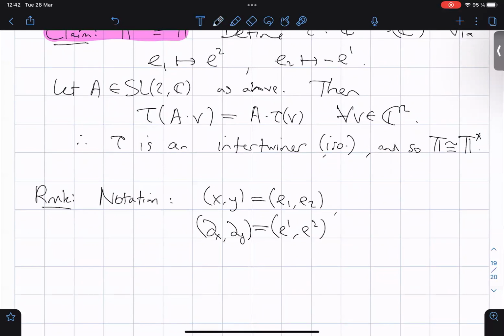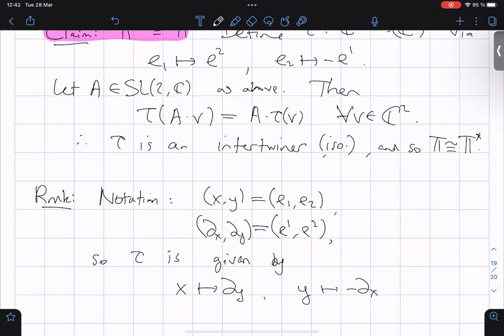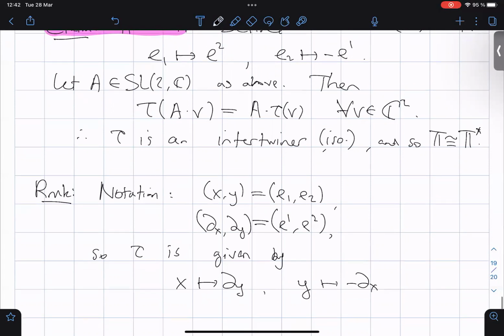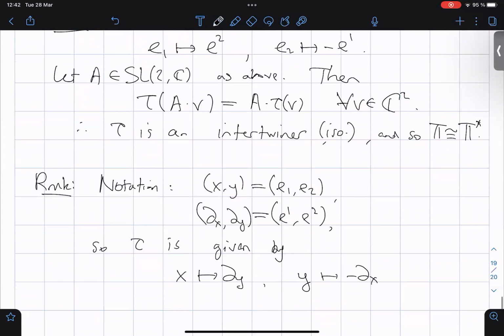We're going to use this notation later on, and just to emphasize, this tau above is given by X goes to partial Y, and Y goes to minus partial X.